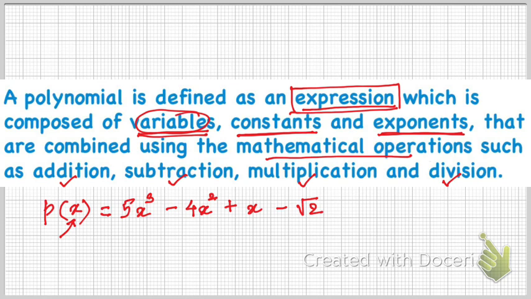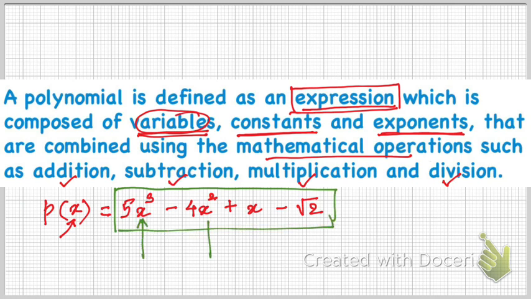So you can easily say that this p(x) is a polynomial where these x terms are variables. This 5, 4, and here nothing is there, so it is 1, it's not 0 actually, this is 1.